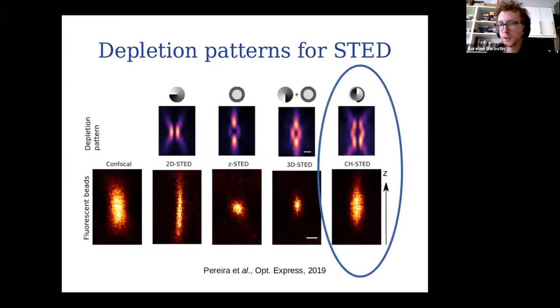So what we did is we explored the possibilities offered by a novel confinement mode named coherent hybrid STED, created by means of a bivortex phase mask, pictured here, that increases resolution along all three dimensions. It has been proven in imaging that it does increase the contrast quite a lot, which can be linked to background in FCS. So we explored how that was affecting STED-FCS measurements.